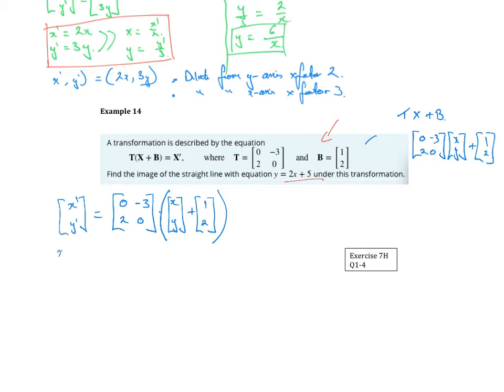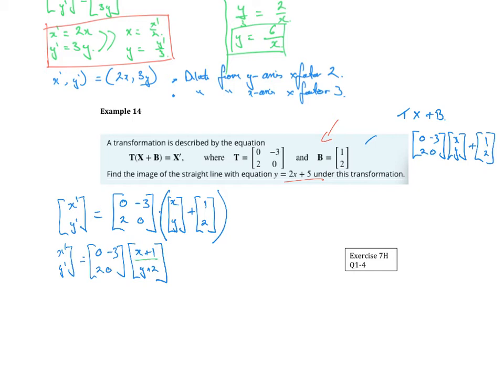So I'm going to have x dash y dash equal to 0, negative 3, 2, 0 times, when we add matrices of the same order, we just add the corresponding values. So I get x plus 1 and y plus 2. So let's just stop there for a minute and think about what that means.